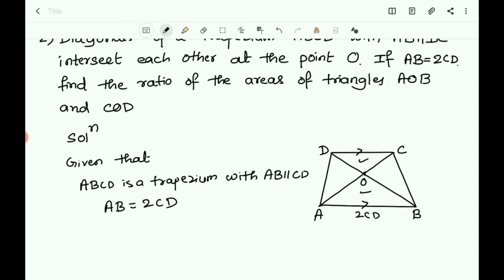You know that areas of similar triangles are proportional to the squares on their corresponding sides.